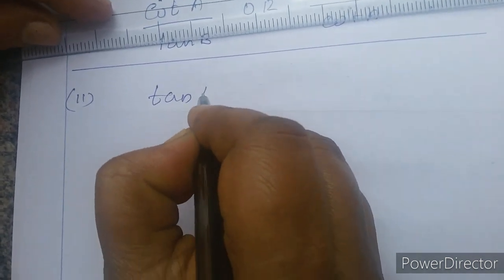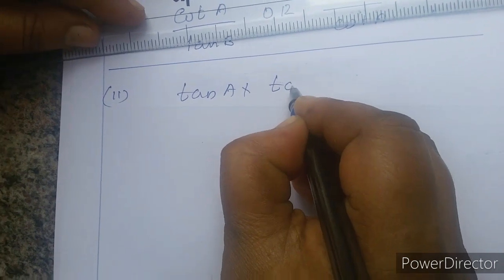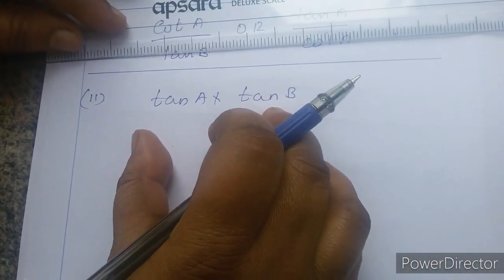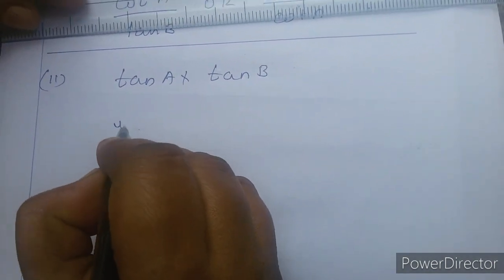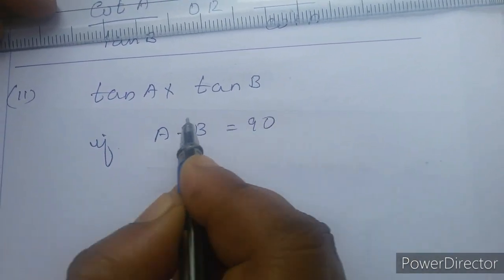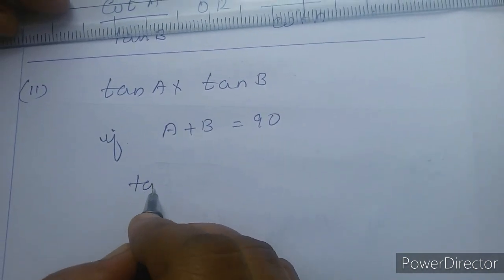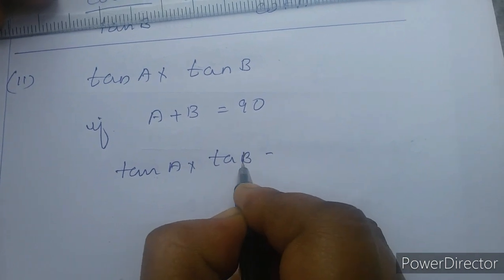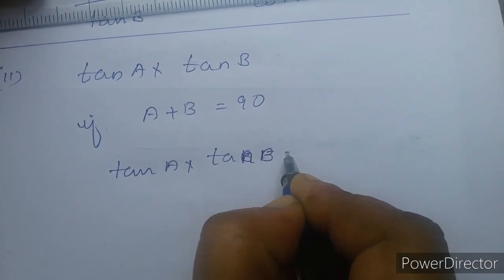Second one. If tan A into tan B, simplified to evaluate in this case. If A plus B equal to 90, then tan A into tan B equal to 1.